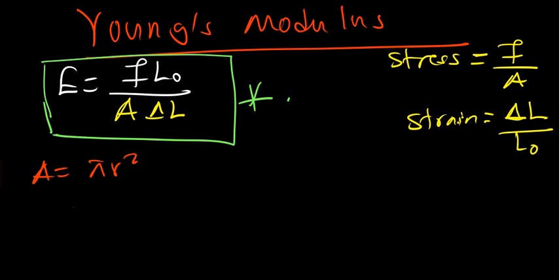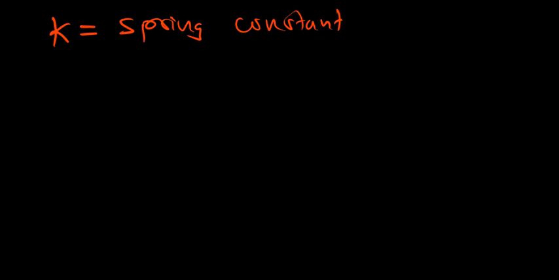Now let me first talk more about the K value. So we are saying that K is a spring constant. So K tells us how stiff or loose the spring or the material is.